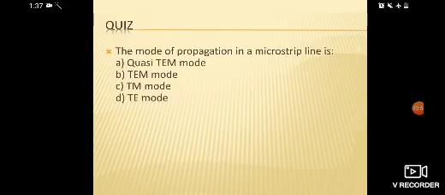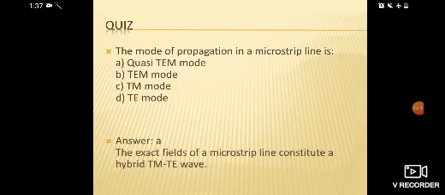The options are quasi TEM mode, TEM mode, TM mode and TE mode. What is the answer? That is A, quasi TEM mode.